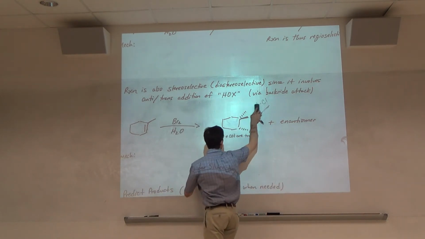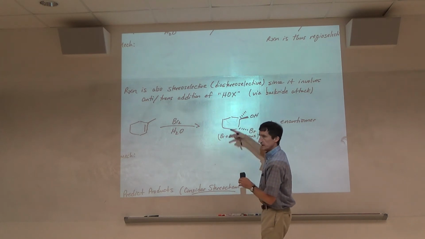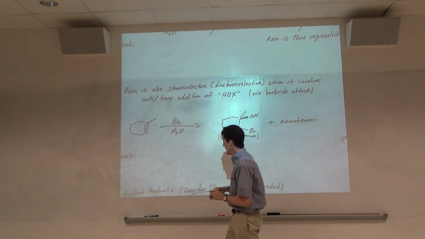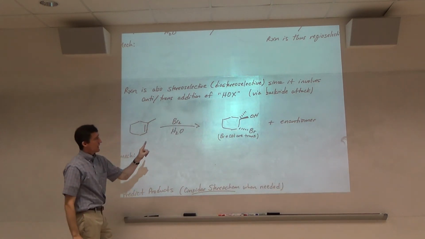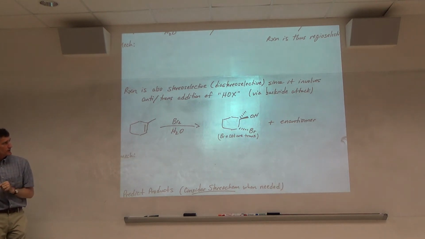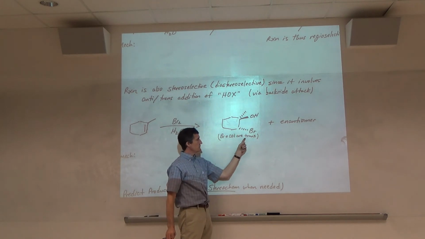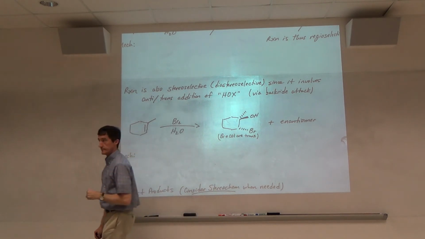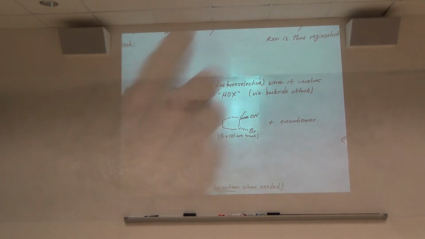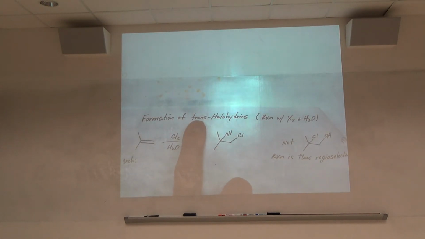So with rings, typically, we have stereochemistry because things can't rotate. And here we get this product as shown. The Br and the OH are going to be trans. That's why up top we called it a trans halohydrin.